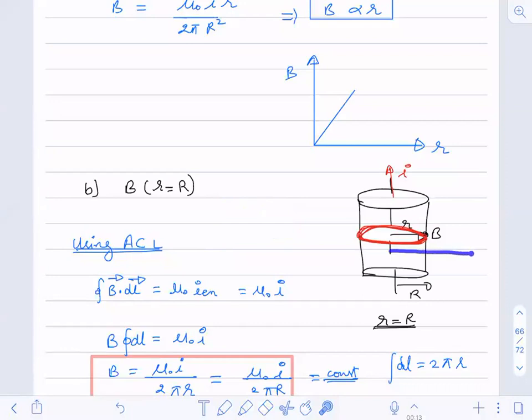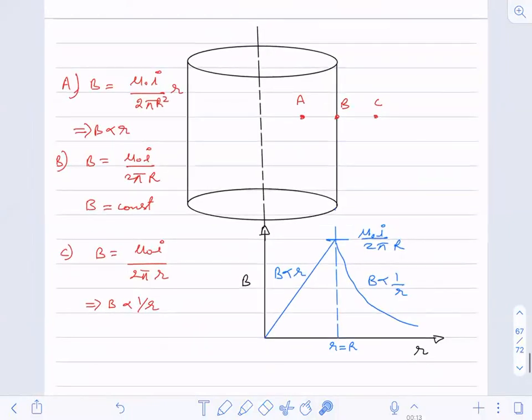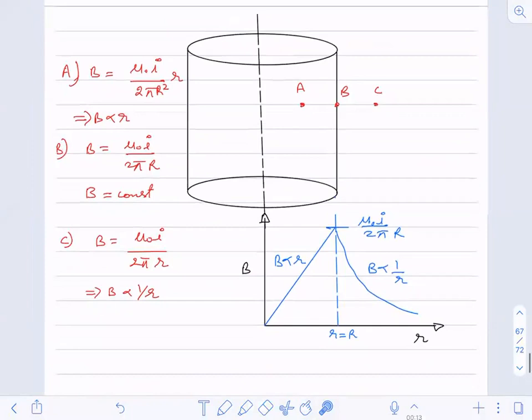Try to understand that. When you reach here, small r will attain a value equal to capital R, which is the radius of the cylinder. That's why small r equals capital R. Anybody else having any doubt in this?